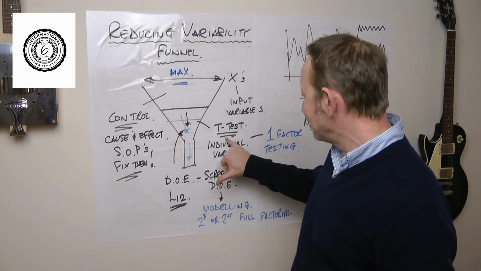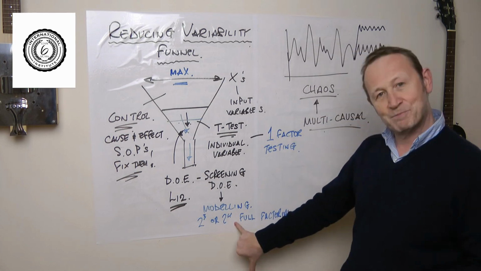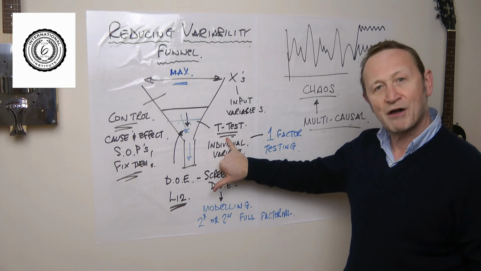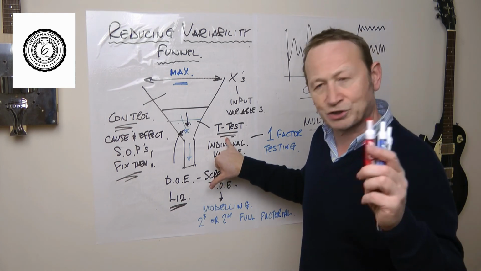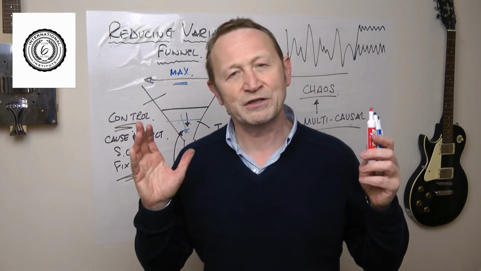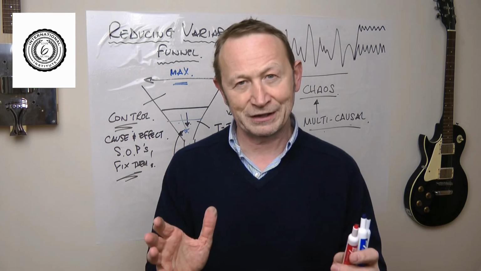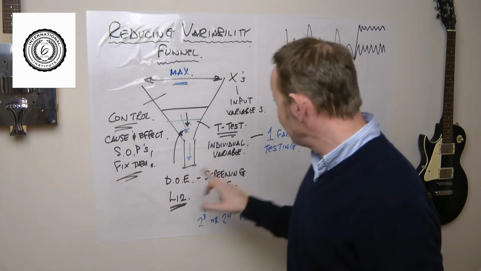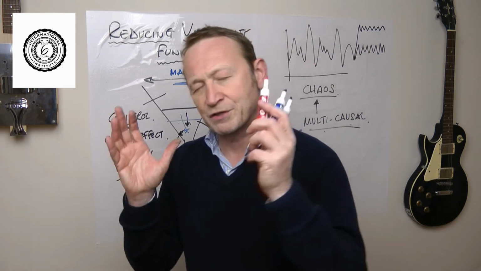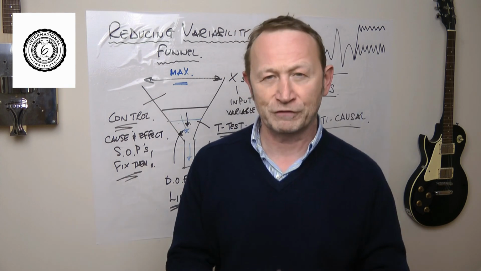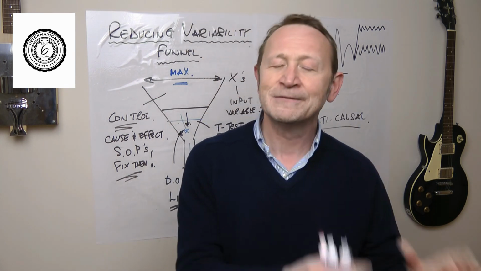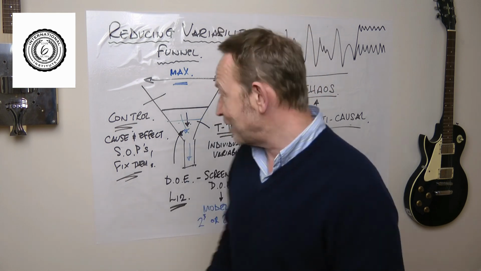And by the way, the t-test is built into the DOE down here. Hypothesis tests are crucial to your process understanding. They are built in to the full factorial modelling DOEs. So we are going to use the t-test down here, but we're not going to use them on their own. We're going to use them more efficiently in a full factorial DOE. And that's how you use hypothesis testing and DOE to get down this funnel.